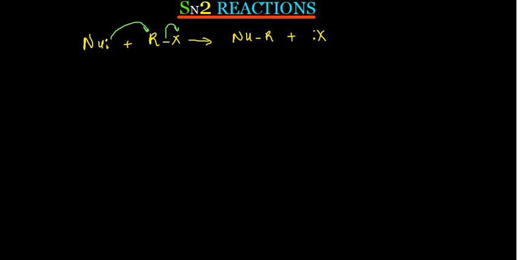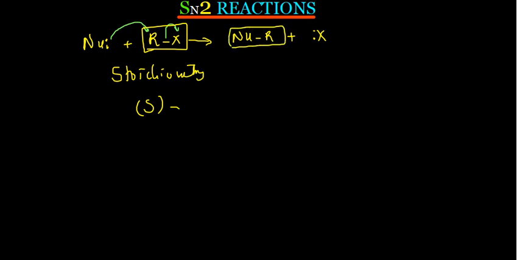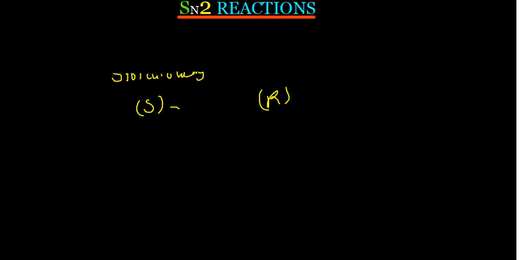Because of this, the stereochemistry of the product is inverted. If the reactant alkyl halide was an S isomer, then the product is going to be the R isomer. We are going to understand how those come about and how we show those reactions.